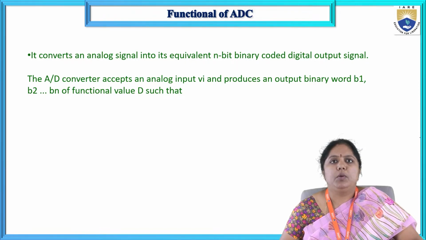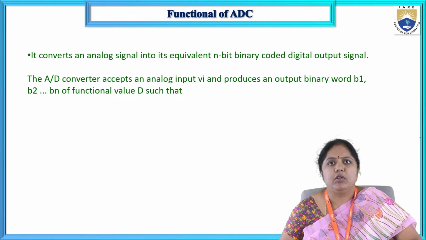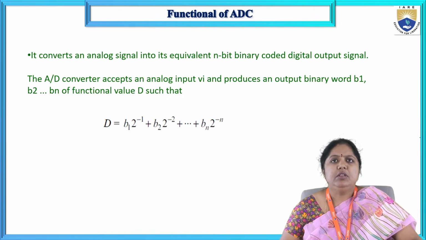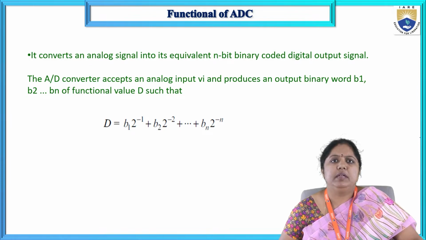Those binary output words I am representing as B1, B2 and so on up to Bn. Otherwise we can represent them as D1, D2 and so on up to Dn, whatever the form. Basically we give the analog input signal and it generates the binary output signals. The digital output D can be represented as B1 into 2 power minus 1 plus B2 into 2 power minus 2 plus and so on, Bn into 2 power minus n.